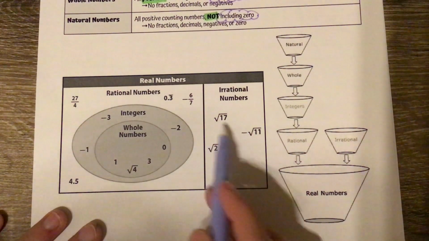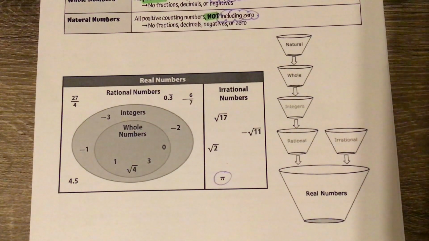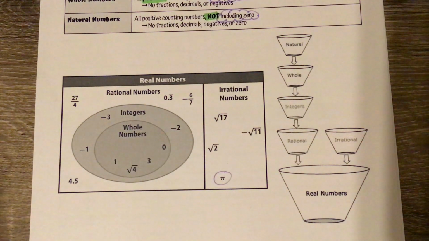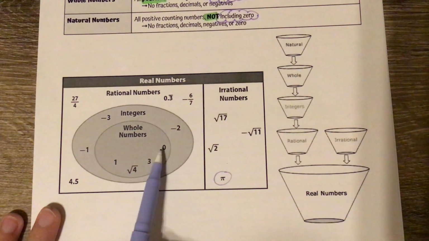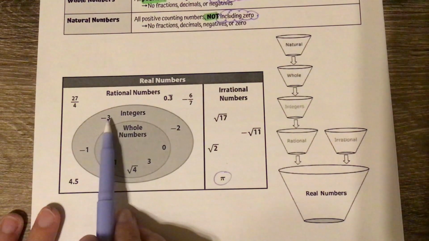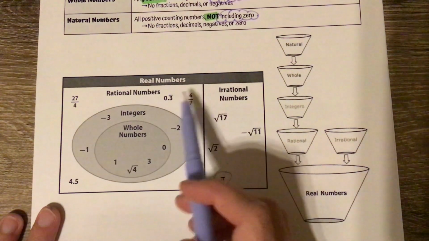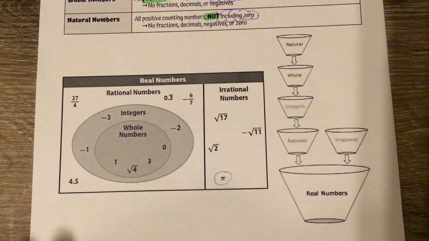A lot of times our square roots are irrational, and pi is also irrational because it goes on and on forever without repeating. And then you've got things. So the whole number 0, since it's in this category, it's also an integer. It's also a rational number. -3 is also a rational number. But this rational number that's a fraction is not an integer. So they can go out this way, but not back in.